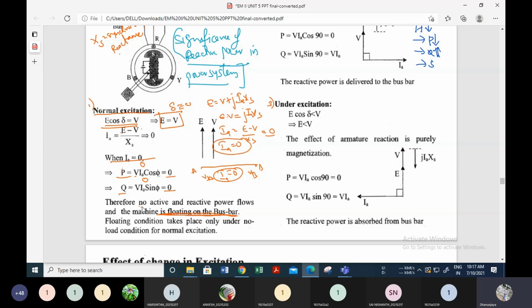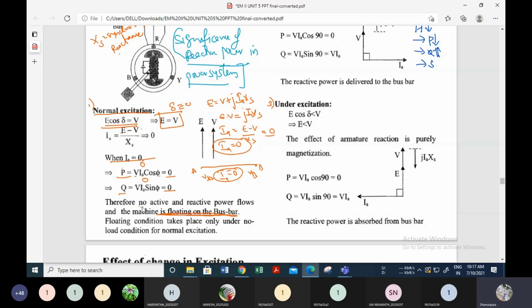When this is IA, then IA XS will be downwards. The resultant value here is E. This component is V, and IA XS is in phase opposition.